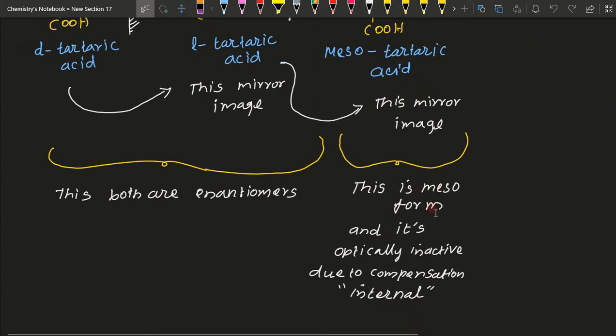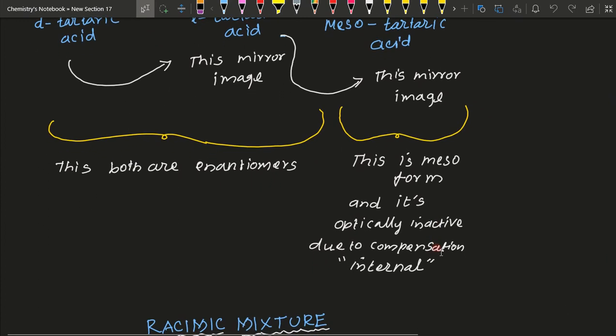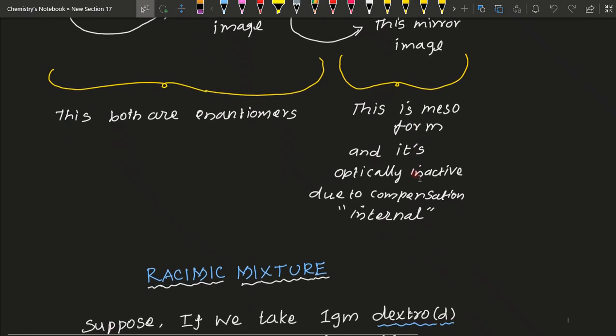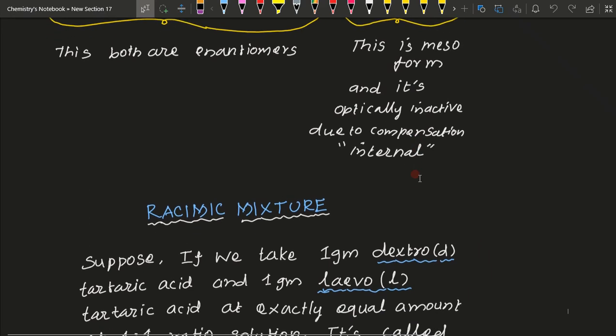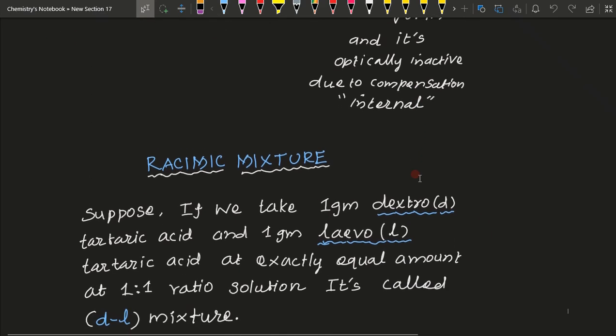This is the meso form and it is optically inactive due to internal compensation. Optically inactive means this is symmetric. Optically active means asymmetric.